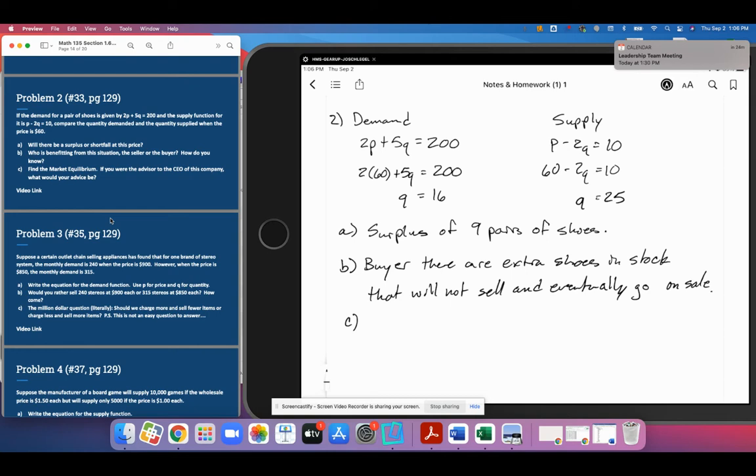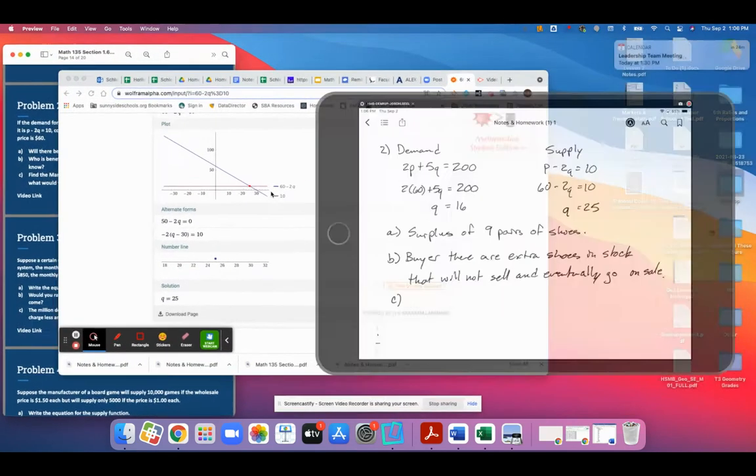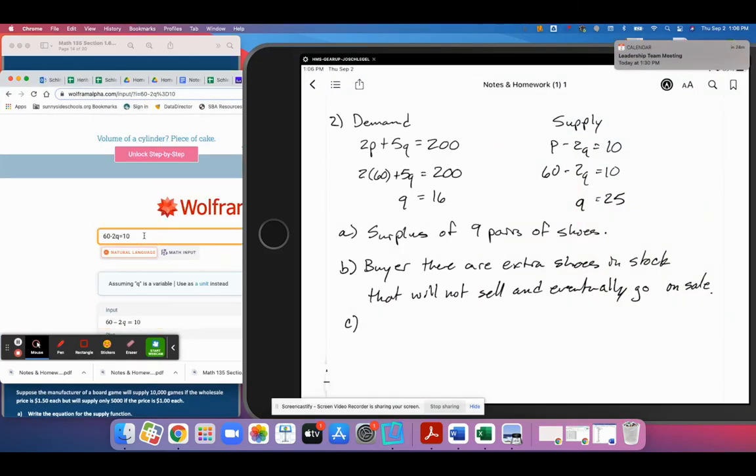So we need to find the market equilibrium for this instance and describe what we would be doing if we were the CEO of this company. And so the way that we're going to handle that, everyone, since this is not looking like something like y equals and y equals, we will just, as we have before, say this and this in Wolfram, and that will produce the market equilibrium for us.